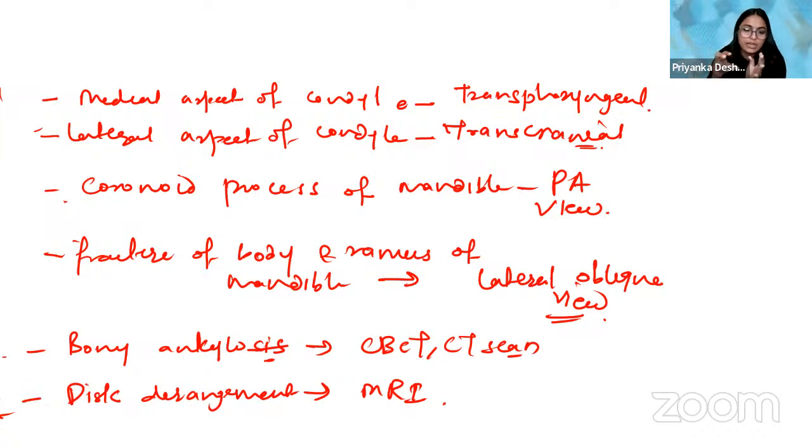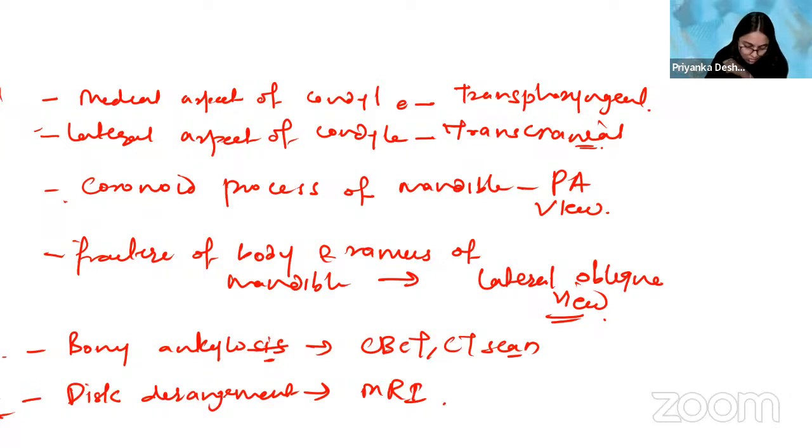Ossifying fibroma occurs in a unilocular form, seen as a radiolucency with calcifications inside. In osteoma, you will see a completely radiopaque, well-defined entity affecting not only the jaws but other long bones also.